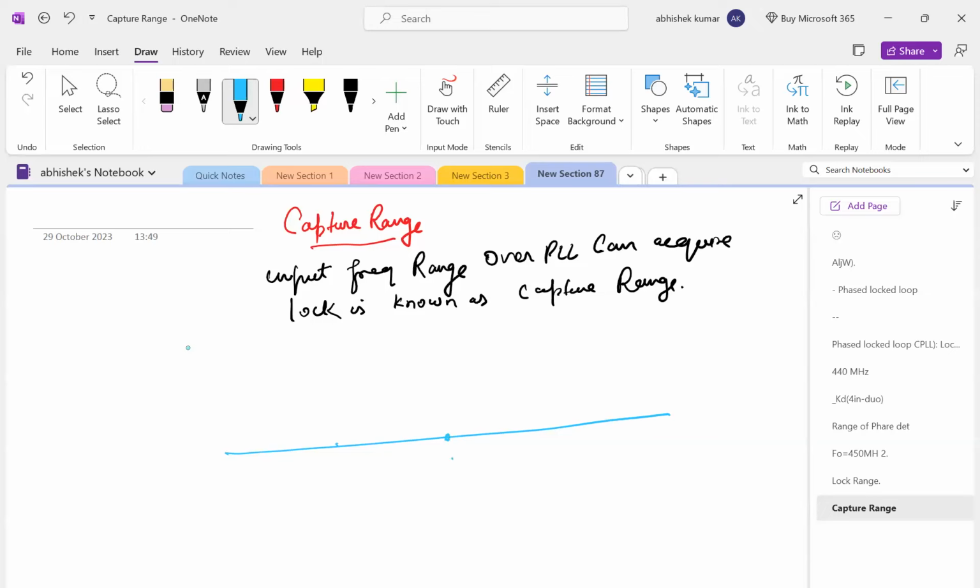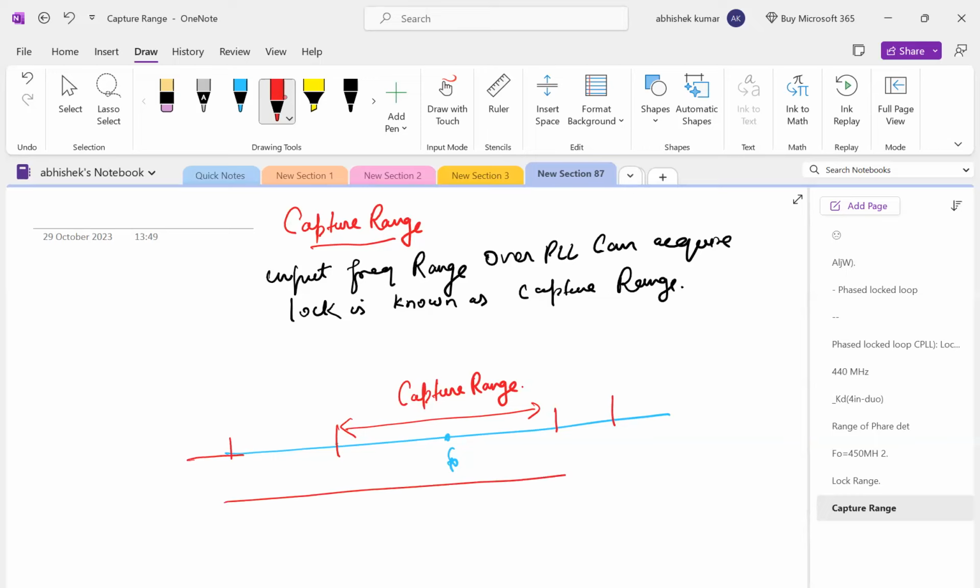This is your F naught. The input frequency range over which the PLL can acquire lock is known as the capture range.